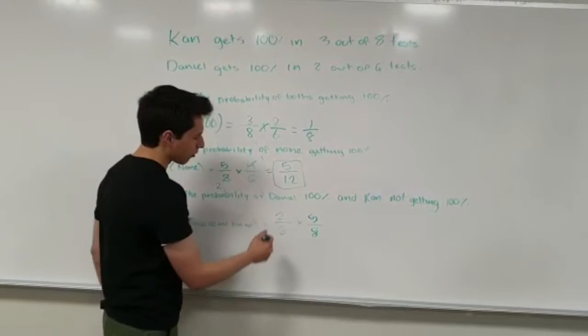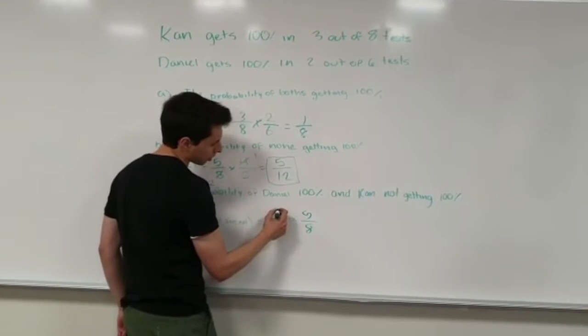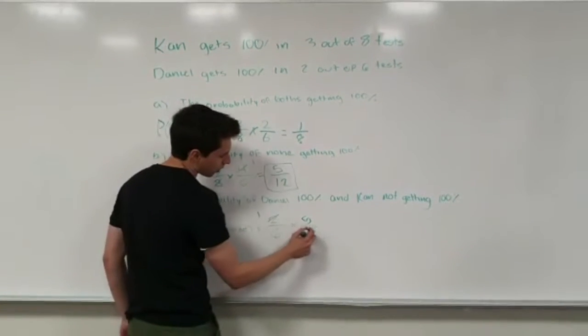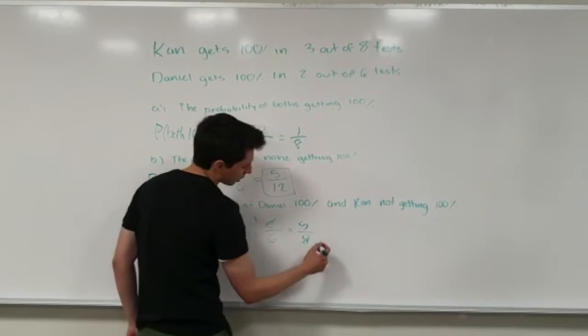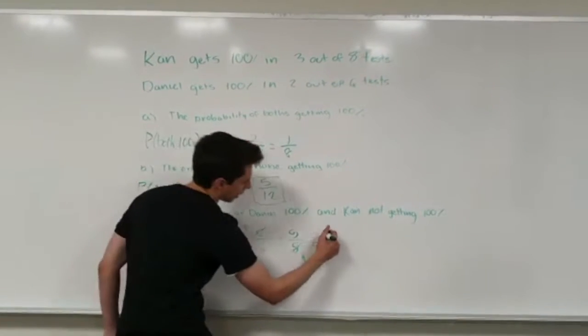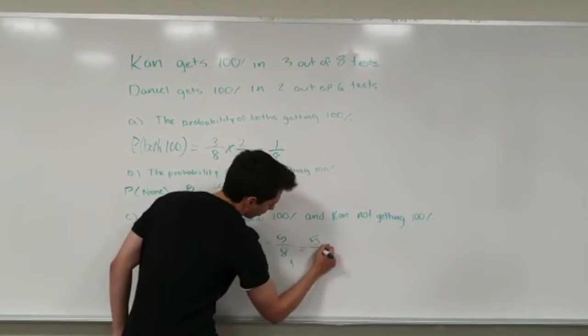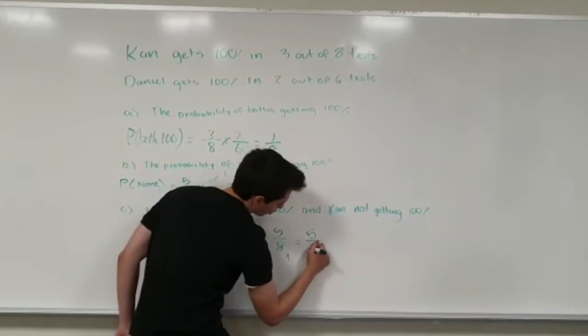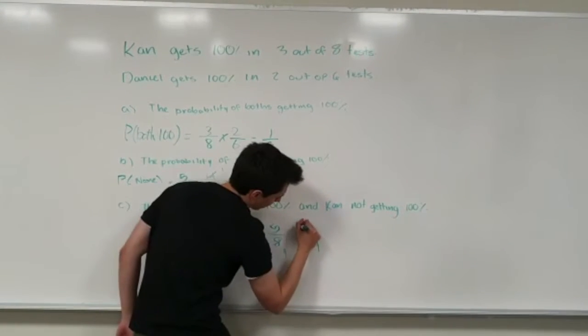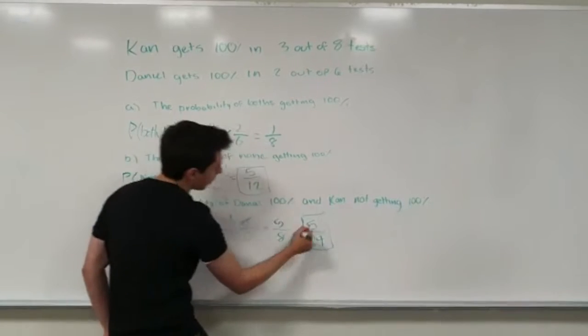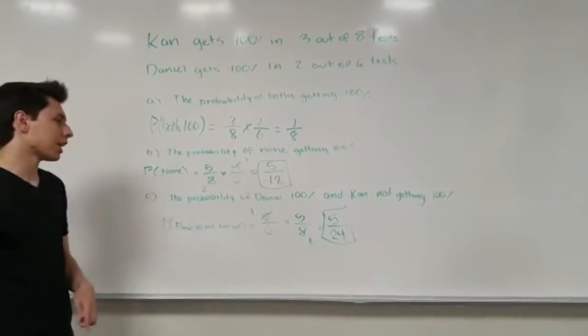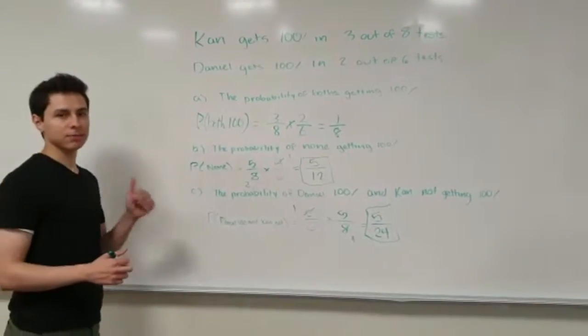We cancel before multiplying, or simplify, and get 1 over 4. So when we multiply, we get 5 over 24. So this is the probability of Daniel getting 100 and Khan not getting 100.